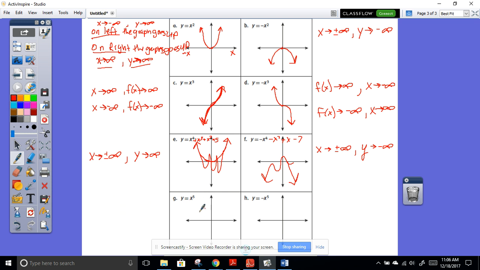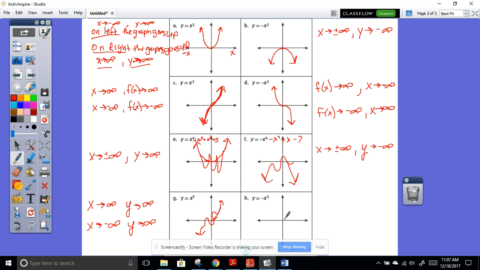Okay, and this one would be very similar to the cubic one. Again, it could be doing all kinds of things in the middle, but the end behavior is going to be different. As x approaches positive infinity, or as x is moving to the right, y is going to be going up. As x is moving down, y is going to be moving down.